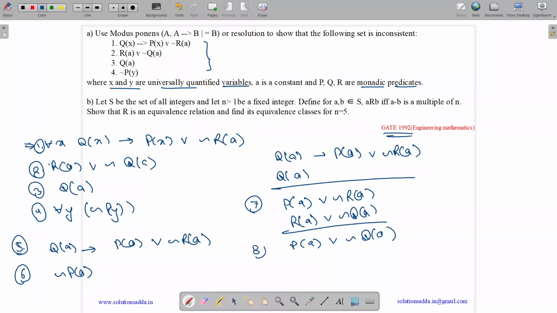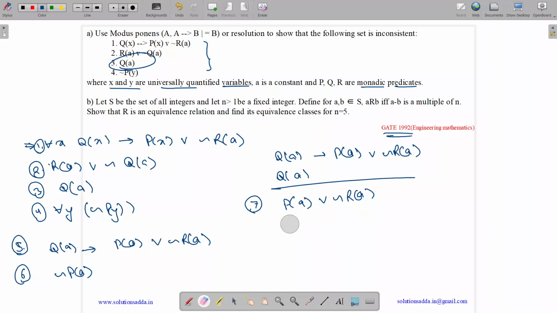This is our 8th statement. Now using 6 and 8: if P(a) or negation Q(a) is true and negation P(a) is true, then negation Q(a) is true. Now we have negation Q(a) is true and Q(a) is true. Both of them can't be true at the same time, so it is inconsistent. So we have proved inconsistency.